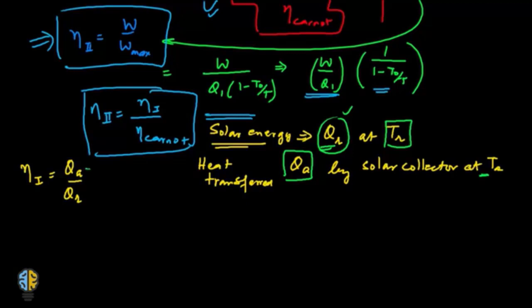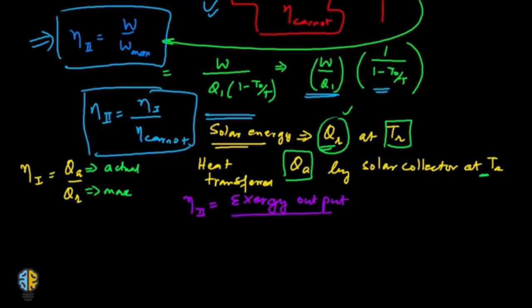This is the actual heat delivered and this is the maximum heat that is available. If you write down the second law efficiency, eta 2, this is the ratio between the Exergy output, or the available energy output, upon the Exergy input.